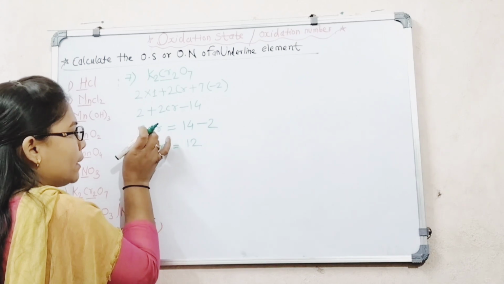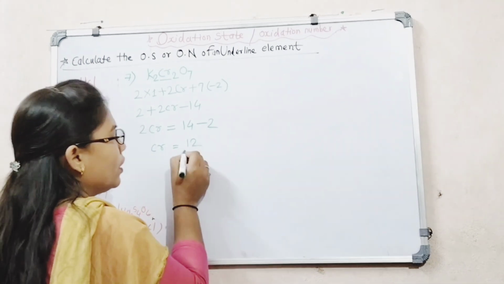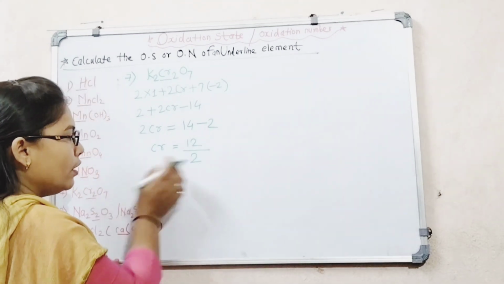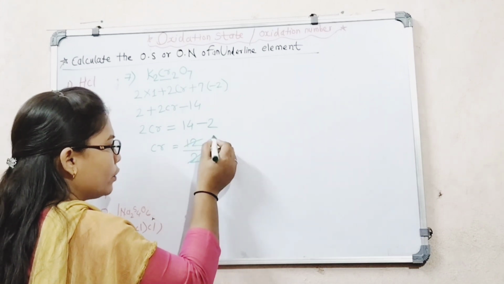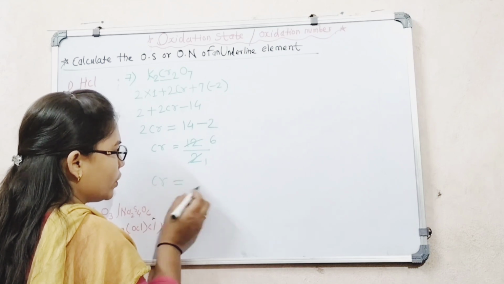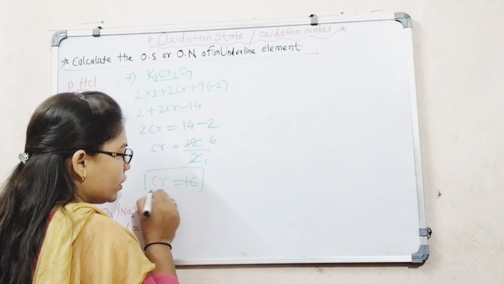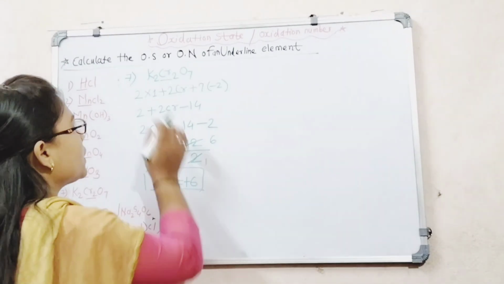The number in multiplication goes beyond the equal sign into division. So that's why I write here 2 in division. Okay. So 2 ones are 2 and 2 sixes are 12. So that's why Cr is equal to 6, which means plus 6. So the oxidation state of Cr is plus 6.